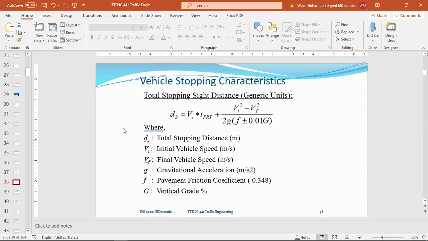And the other characteristic is the stopping characteristic for the vehicle. We discussed the generic equation, where the stopping distance equals the initial speed multiplied by the perception reaction time, plus the difference between the initial speed and the final speed squared, divided by 2g times f. The f here is the coefficient of pavement friction, that's the longitudinal friction, not the lateral friction or the side friction.